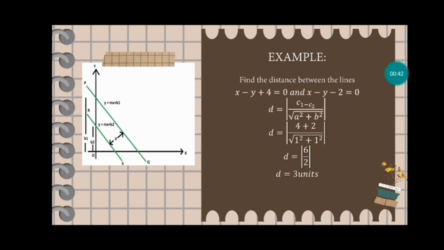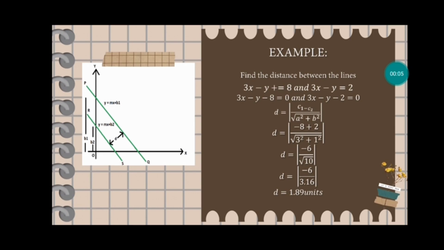So 4 plus 2 is equal to 6, and 1 squared plus 1 squared is equal to 2. So the distance is equal to the absolute value of 6 over 2. And the final answer is distance is equal to 3 units.